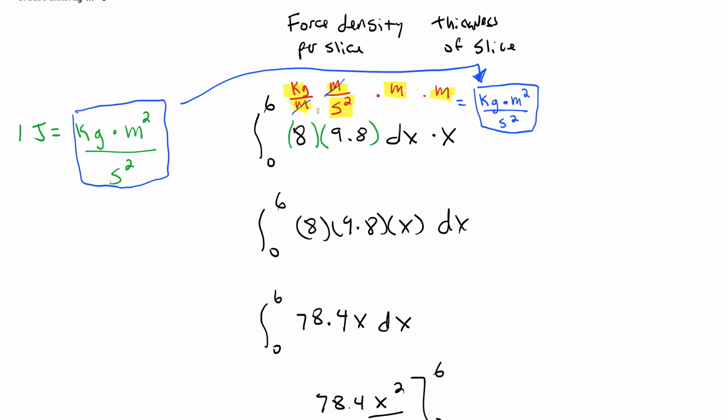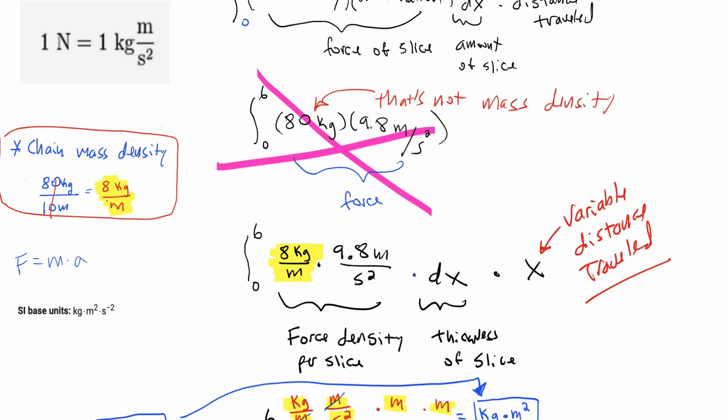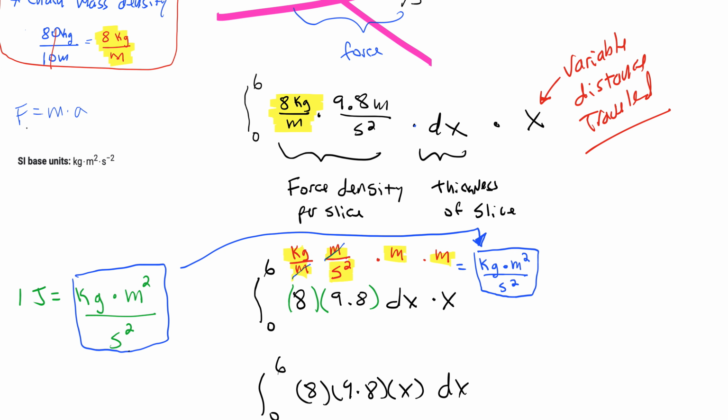If you wipe out the meters from these two left sides, you'll find that everything comes out to kilograms times meters squared per second squared, which is the unit for joule. As a side note, a Newton is kilograms times meters per second squared, which is what this part is right here.